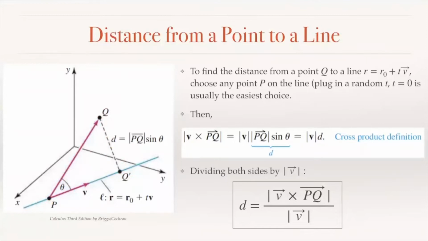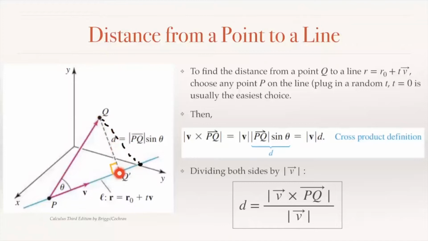But PQ times sine of theta is by trigonometry equal to the distance to the line, because that's the right angle. And if we had any other point on the line, that distance would be longer by the triangle inequality. That's the hypotenuse of a triangle with a right angle, so that distance would be longer.